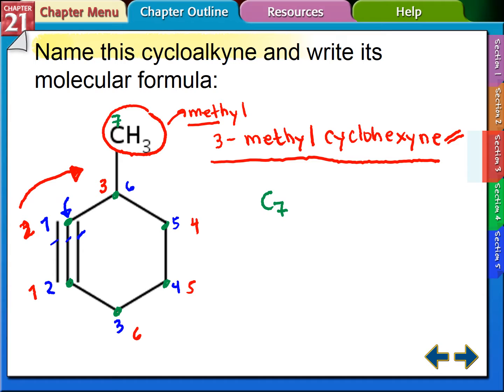That's 1, 2, 3, 4. Also, this carbon over here doesn't have any hydrogen anymore because it is already surrounded with 4 bonds. However, this carbon here should bear 2 hydrogens because it is only surrounded with 2 bonds. This is 1, 2, so it could bear 2 hydrogens.